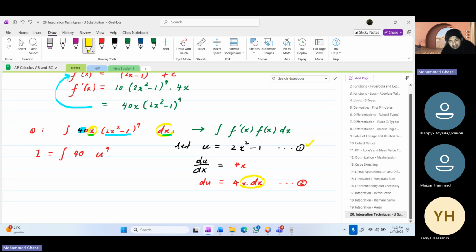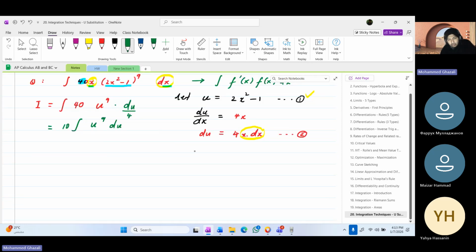What is x dx? That is du over 4. So I'll write here times du over 4. Now I need to neaten up this integral. 40 divided by 4 is 10. Leave the 10 outside: 10 times the integral of u to the power 9 du. Now all you need to do is use the power rule.